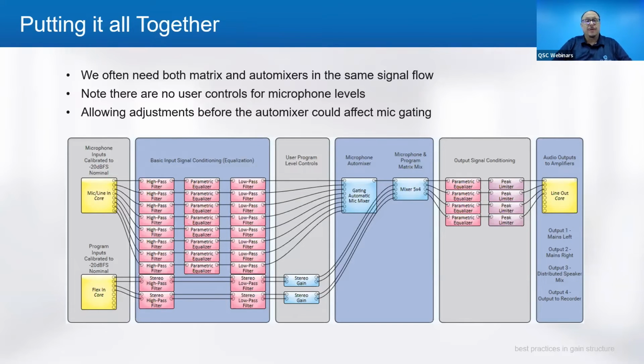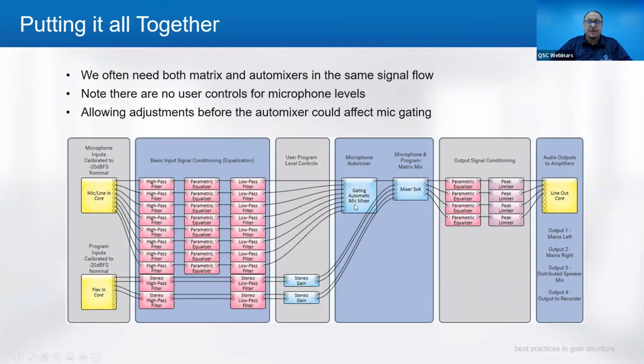So when we put it all together, we often need both auto mixers and matrix mixers in the same signal flow, right? Here's a few things. There should be no user controls for microphone levels. You'll notice here in the center we have user program level. So we're bringing all our mics in, they're going through our mic EQ, and then they're coming into the microphone auto mixer.